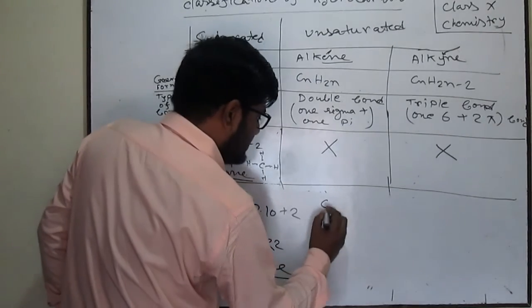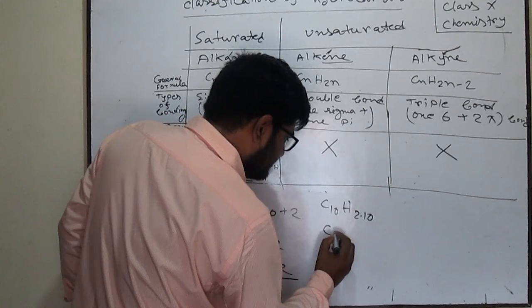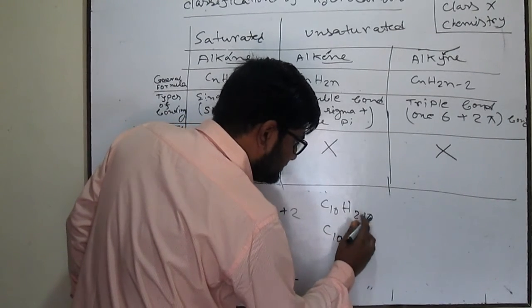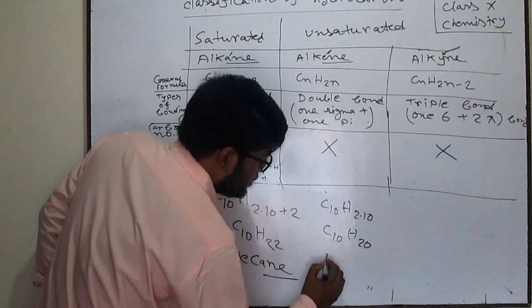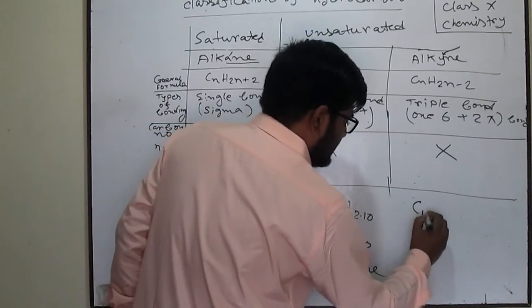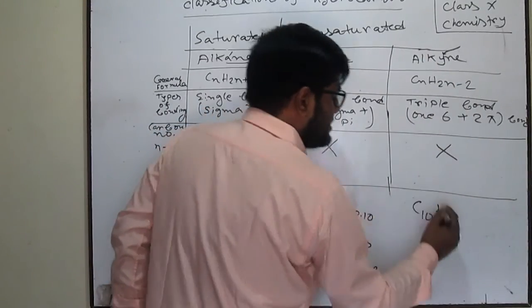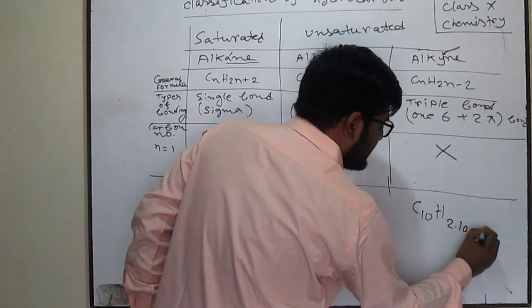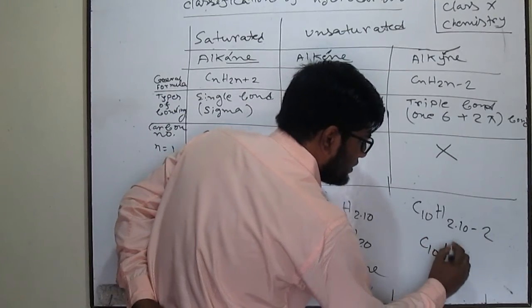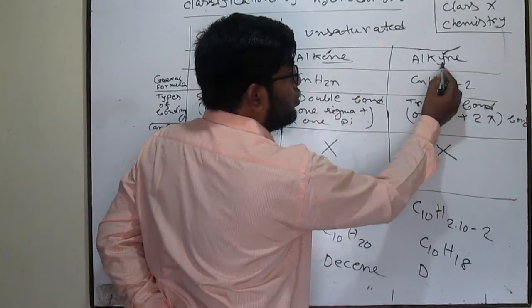For decene, C10 is 2 into 10, that is 20. For decyne, 2 into n, that means 2 into 10 minus 2, C10H18. This is called decyne because of YNE.